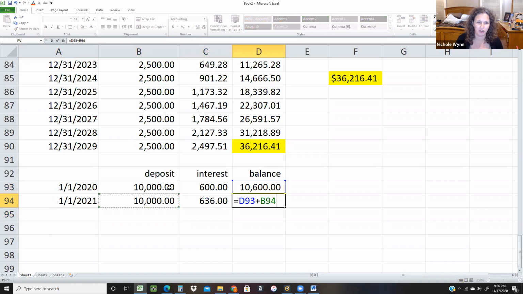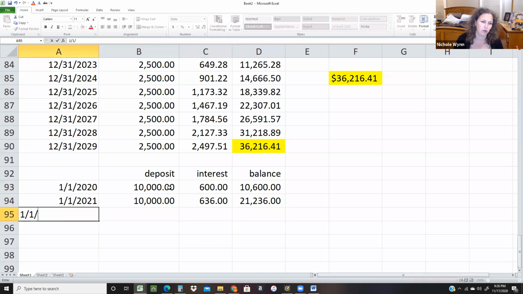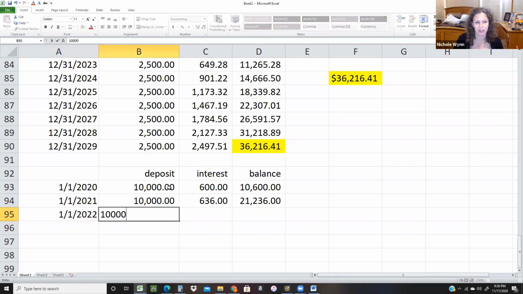Then I have 10,600 and 10,636. And on 1/1 of 22, I'll put in another 10,000 and it will earn interest at 0.06.